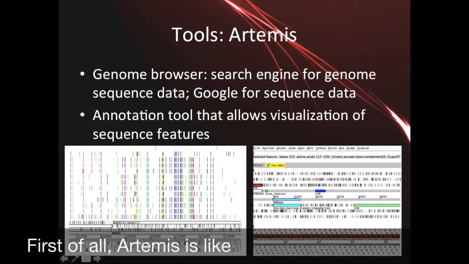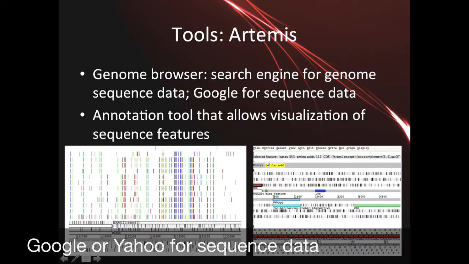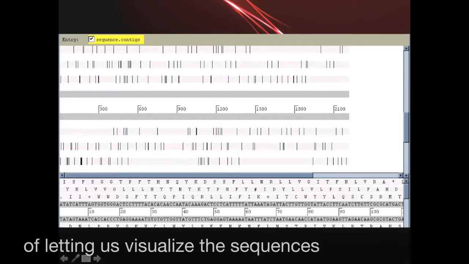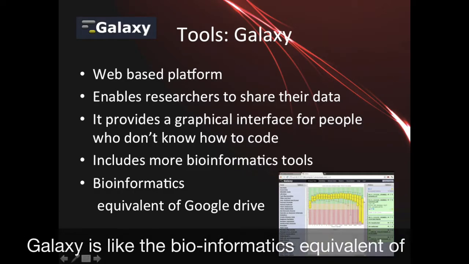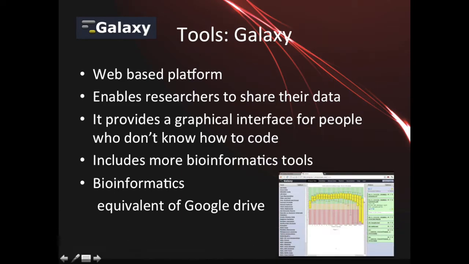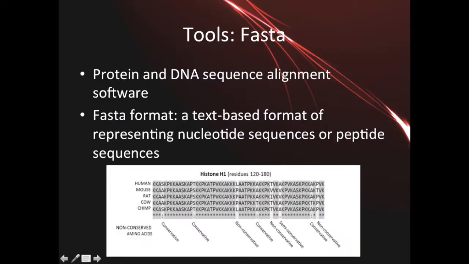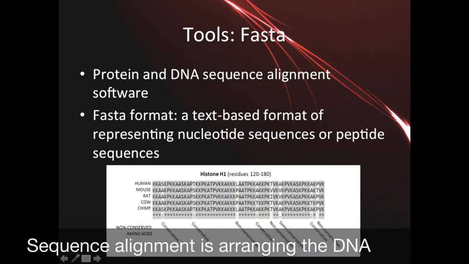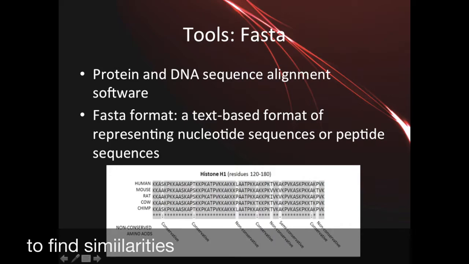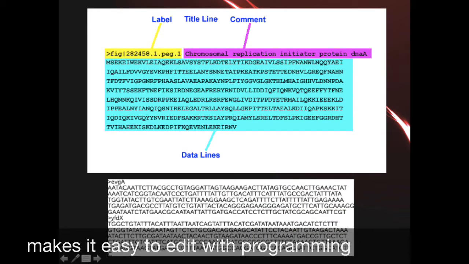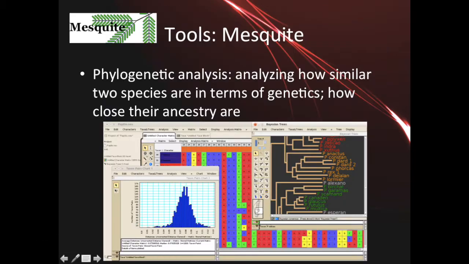First of all, Artemis is like Google or Yahoo for sequence data, with the additional feature of letting us visualize the sequences. Galaxy is like the bioinformatics equivalent of Google Drive, where you can edit and save your projects online. Sequence alignment is arranging the DNA to find similarities, and the simplicity of the format makes it easy to edit with programming.